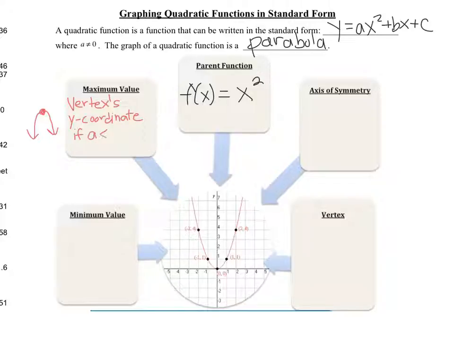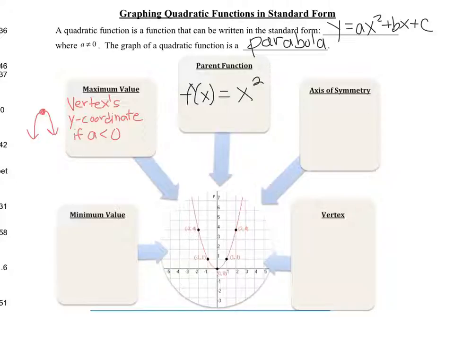And what causes the parabola to face up or down is the a value. So if the a value, this leading coefficient, is a negative number, so something less than 0, then the parabola will face down like this, and so its vertex, the center point, would be the maximum value.